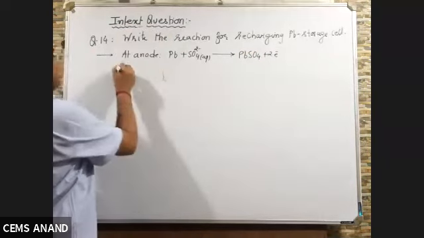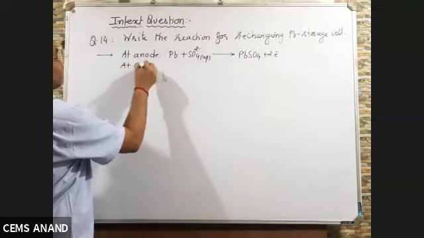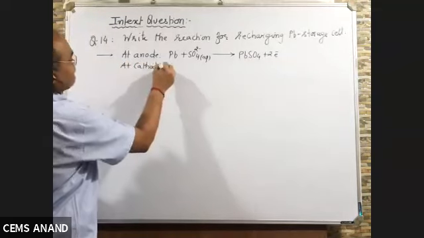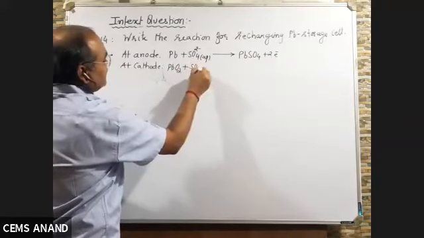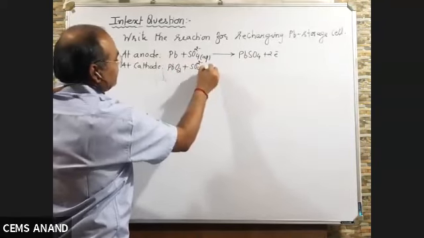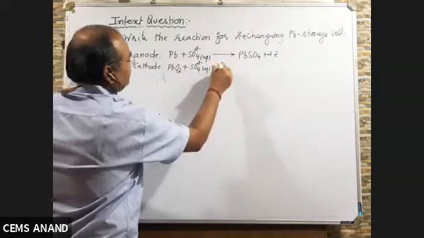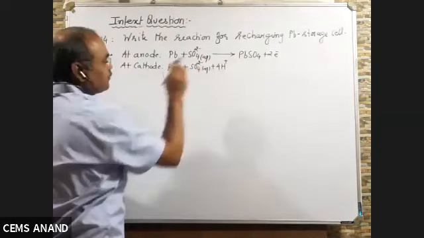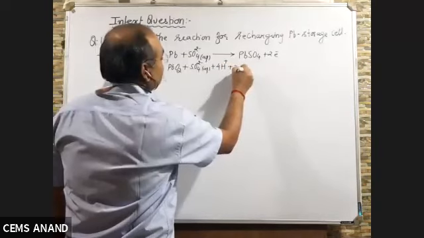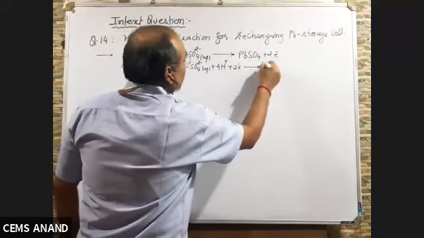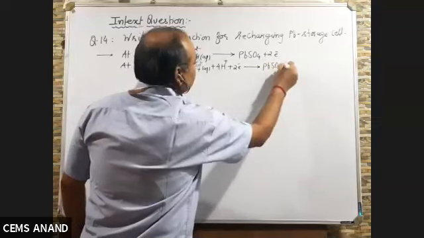At cathode, PbO2 also combines with SO4 2 minus aqueous plus 4H plus, because 2 moles of sulfuric acid are used up, plus 2 electron, and gets deposited as PbSO4 plus water.